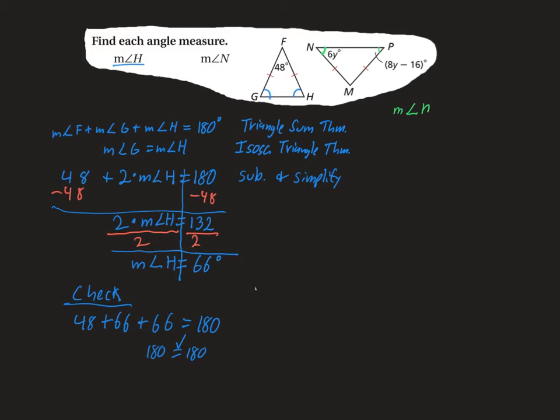So the measure of angle N is equal to the measure of angle P. And we know that because of the isosceles triangle theorem. Therefore, we're going to set those expressions equal to each other and then solve for y.